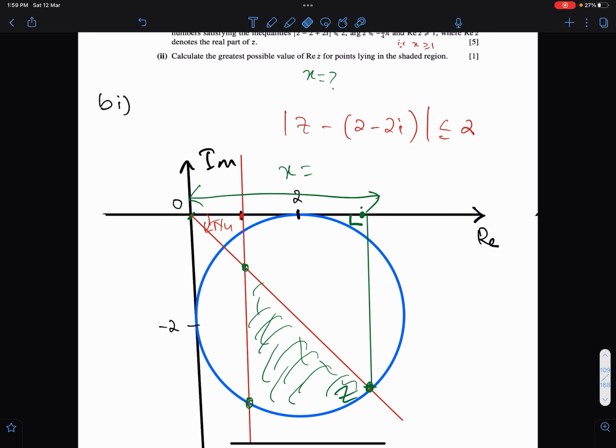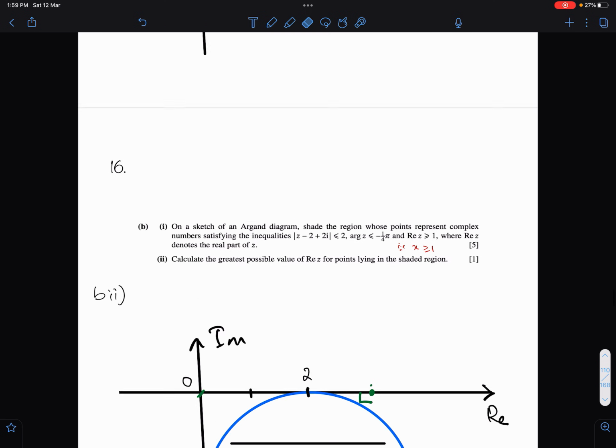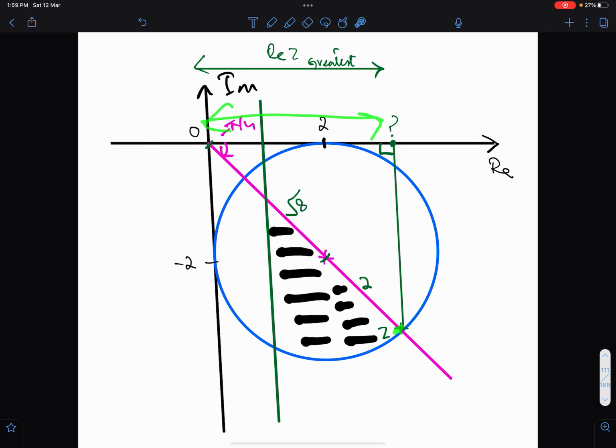Let me erase this working and let me show you the fair solution of this question. See, this is the required region, and when z is here, this distance is greatest.